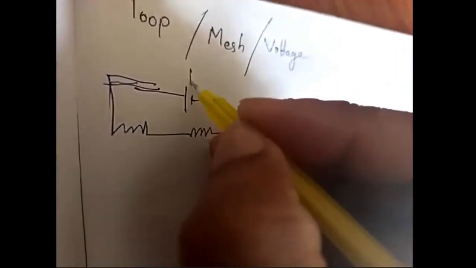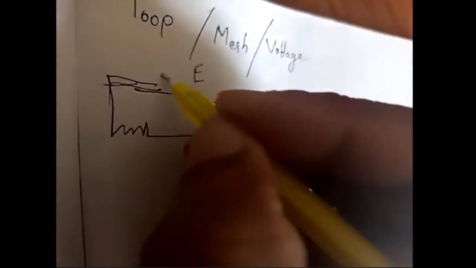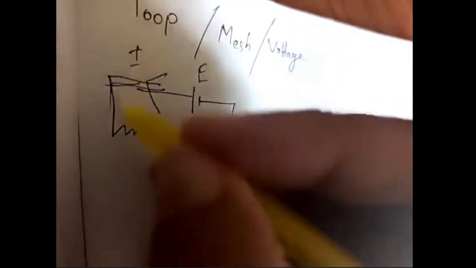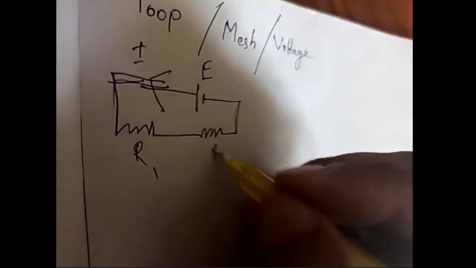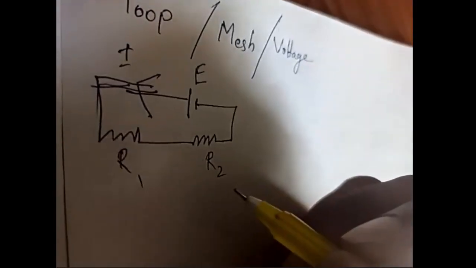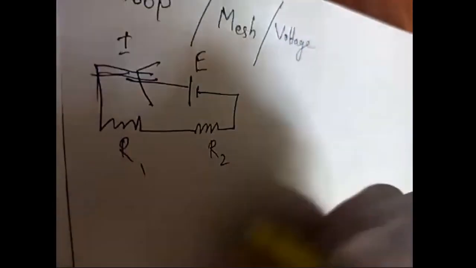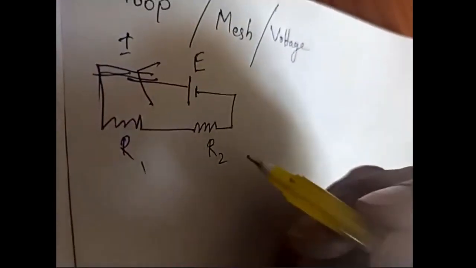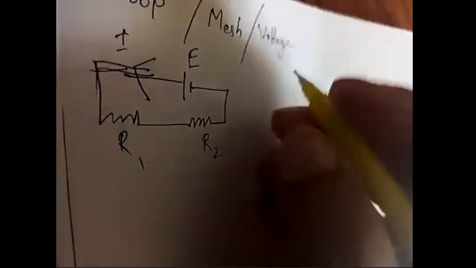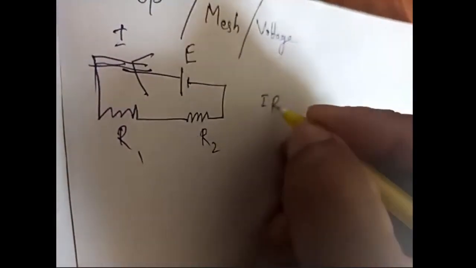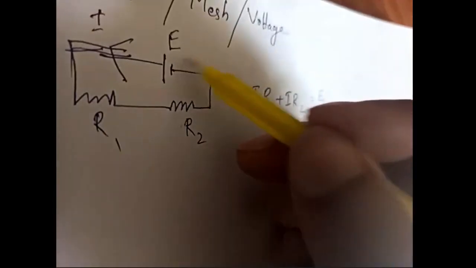This will have an EMF E, and from here a current I will be flowing in this direction, through resistance R1 and resistance R2. So this EMF will be equal to the potential drop at R1 plus the potential drop at R2.